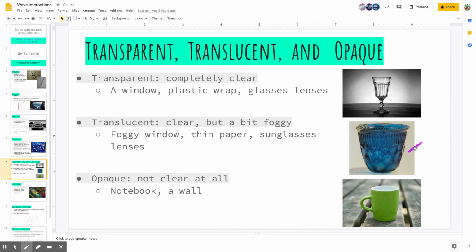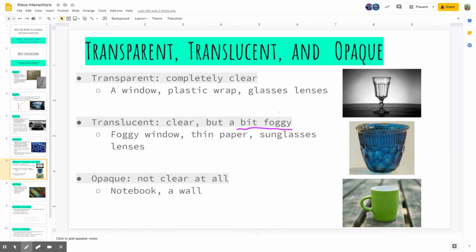Even though this glass over here is blue, we call it clear blue, you can still see through it, it just gives everything a color. We call it translucent because it's just a little bit foggy, or it has a slight color to it. So it's absorbing more of that energy than the transparent glass does.